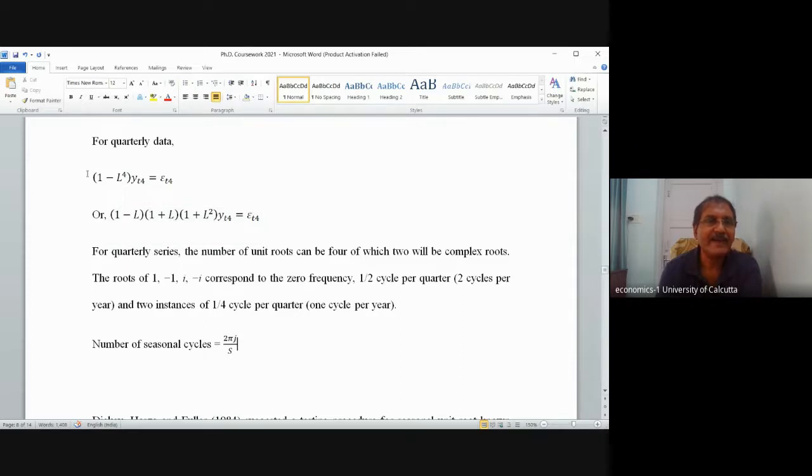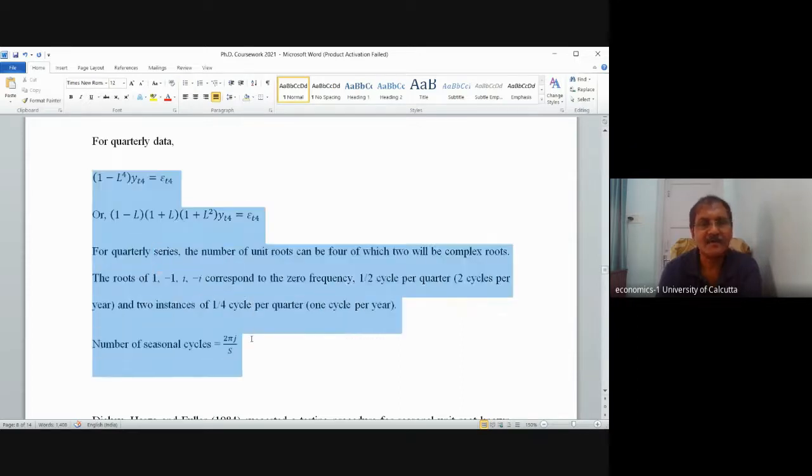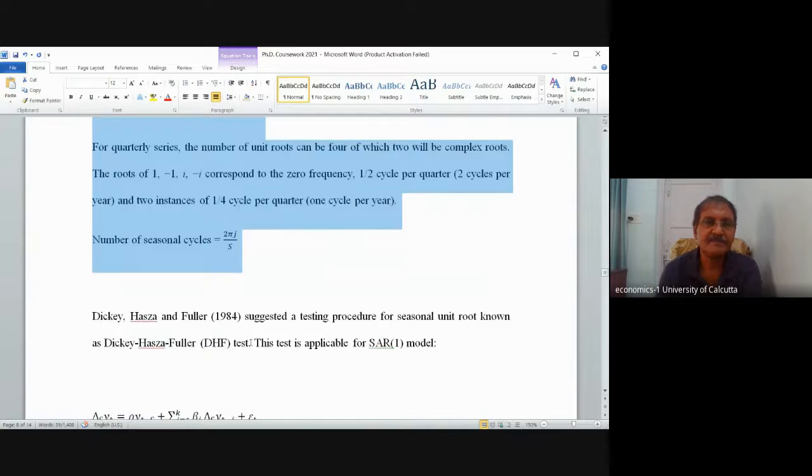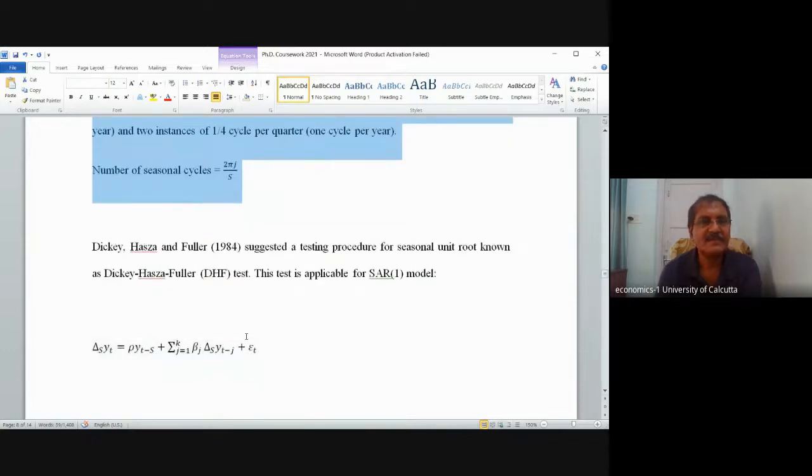Now, keeping in mind this structure for quarterly time series, let us start with how we can proceed for unit root test. The first test was developed, perhaps we have mentioned in the last class, by Dickey, Hasza and Fuller in 1984.